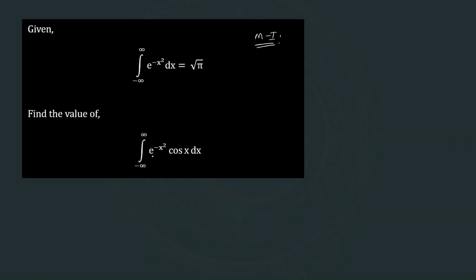So here this integral, minus infinity to infinity e to the power minus x square times cos of x dx, can be expressed in terms of the infinite series expansion of this cos x function.